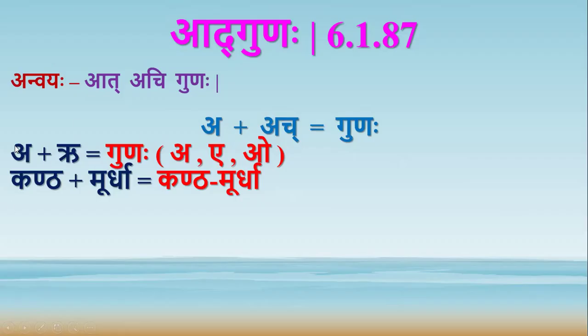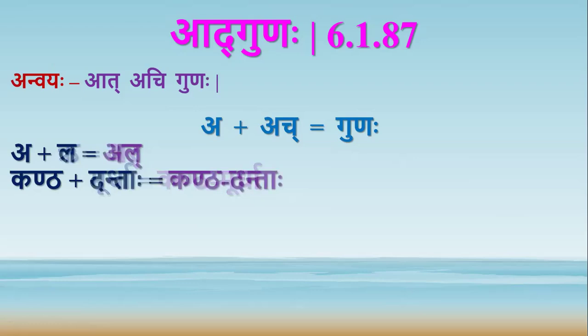So the adesha for a plus ṛ is this ar only, since it comes along with repha. So a plus ṛ is ar, because a doesn't come just as a, it comes along with repha. So ar represents kanta-murdha combinations.